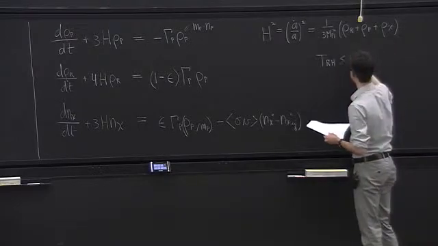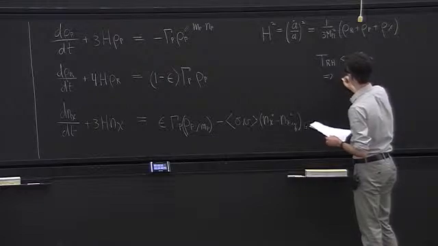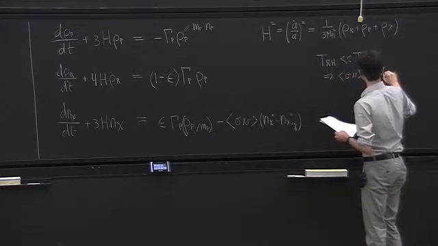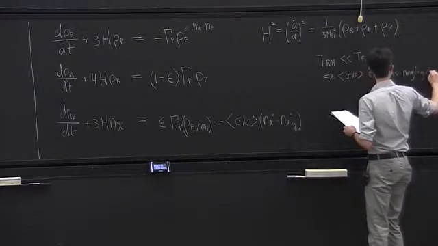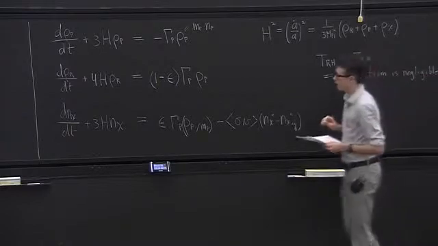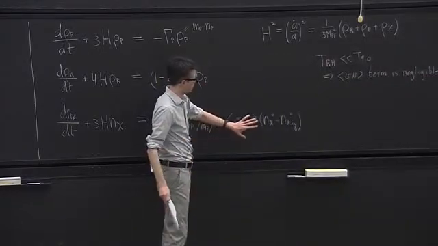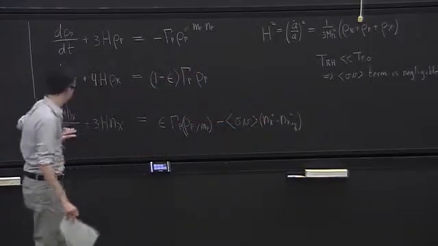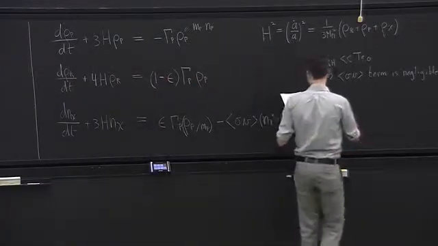And if T_reheat is much, much less than T_freeze-out, this implies that the sigma v term is negligible. And if I work in this limit, I can ignore this term. If I take these equations and solve for them, what I find is a yield for dark matter.